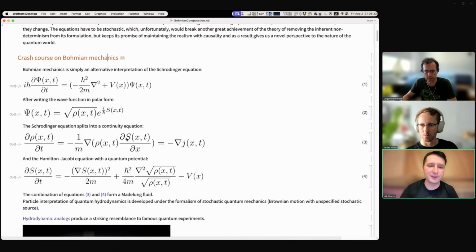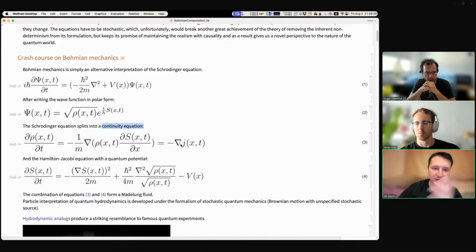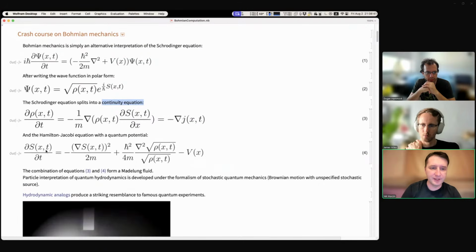When you do it, you can essentially write down the Schrodinger wave equation as two real equations. One is a continuity equation of the density, which involves the divergence of the probability current in this case, and the other is the quantum version of the so-called Hamilton-Jacobi equation, which is almost the same as the classical case. For those who studied theoretical mechanics, with all of this formalism like Lagrangian and Hamiltonian, the Hamilton-Jacobi equation usually comes at the end.